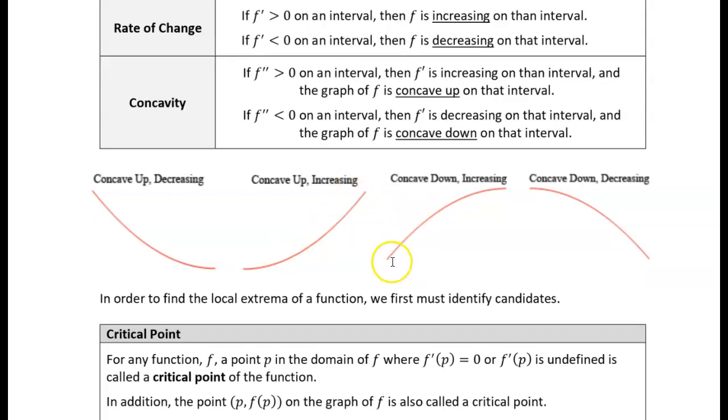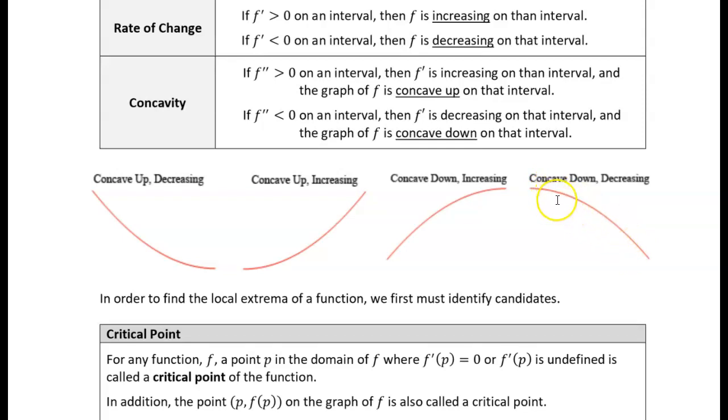Okay, so here's a case where you have concave down and increasing. So you can see it's increasing, right? The slope is positive, but it's concave down because the slope is becoming less and less positive, right? And then this curve represents something that would be concave down and decreasing. Okay, you can see it's decreasing, the slope is negative, and it's concave down because the slope is becoming more negative.